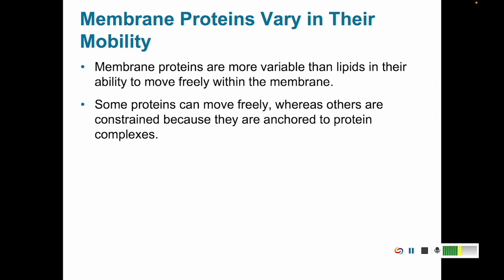They may be connected into complexes that go beneath the cell membrane into the cytoplasm that constrain their movement, or connected into large islands within that membrane that constrain their movement. So while proteins are still able to move, there are some constraints and limits to that movement that we don't see as much with the lipids.